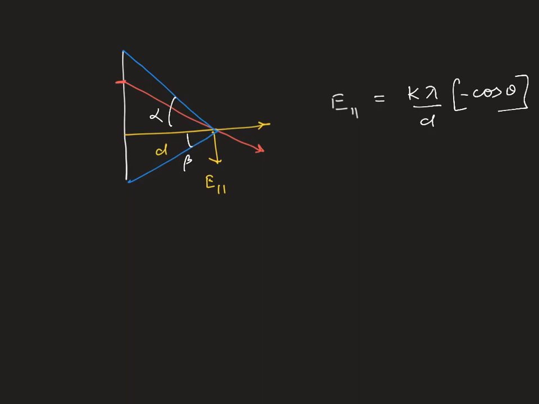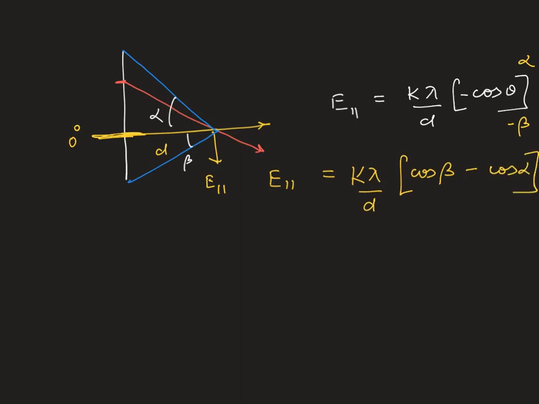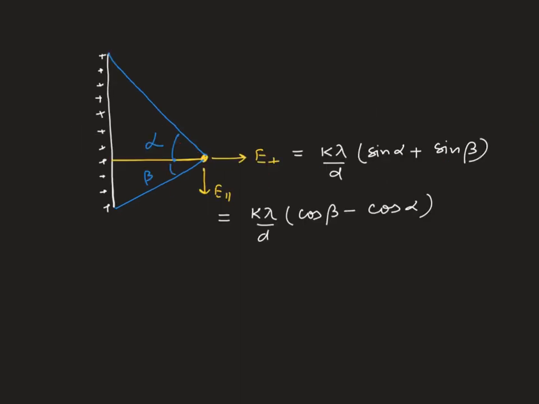Again the same principle, this is your reference, so reference is 0 degrees, below 0 degrees minus beta, above 0 degrees plus alpha. So your E parallel will become equal to k lambda by d, cos beta minus cos alpha, and this is your E parallel.